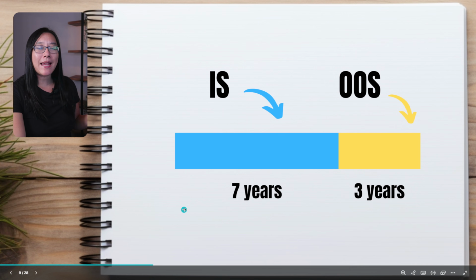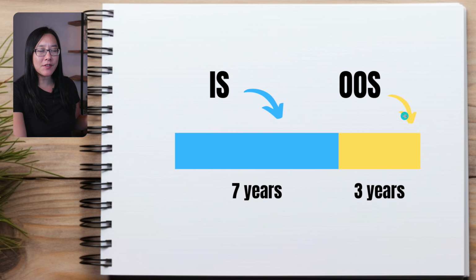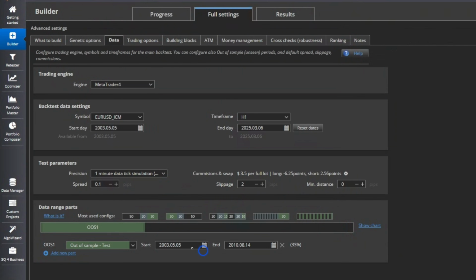But we saw that in a typical in-sample and out-of-sample split, the out-of-sample is usually the most recent few years. So we can do that below by either selecting and changing the dates in the start and end input boxes here, or you can just click and drag the entire out-of-sample period so it's using the most recent few years as out-of-sample.